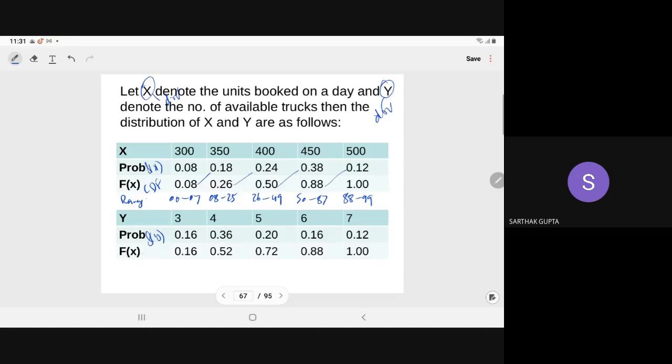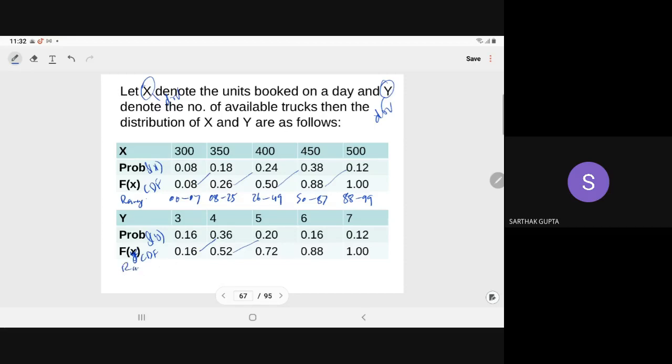The CDF is 0.16, 0.16 plus 0.36 is 0.52, 0.52 plus 0.20 is 0.72, 0.72 plus 0.16 is 0.88, and 0.88 plus 0.12 is 1.